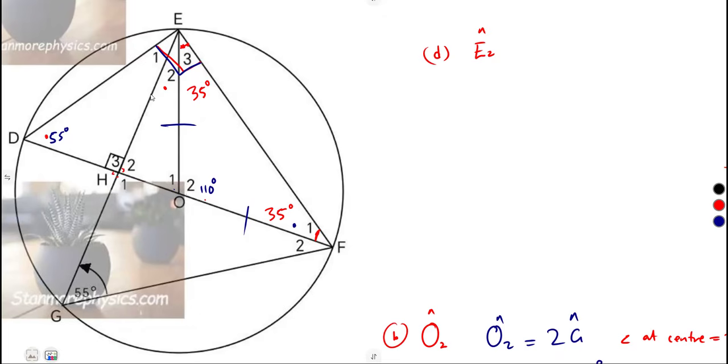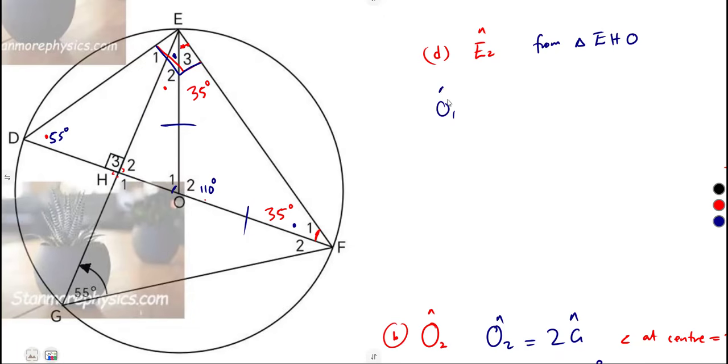We can play around with this triangle. That's where E2 is. We can use triangle EHO. So from triangle EHO, we can find angle O1. It's going to be angles on a straight line.